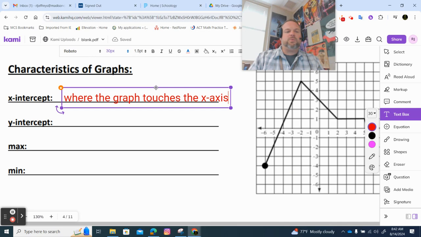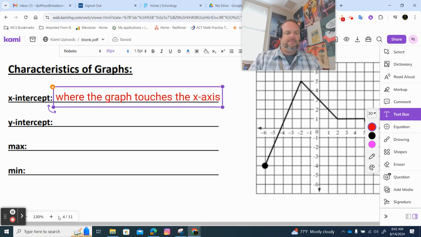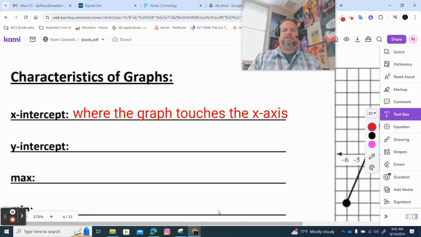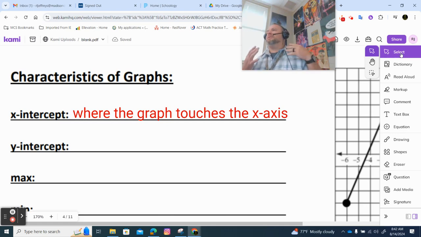It's where the graph touches the x-axis.